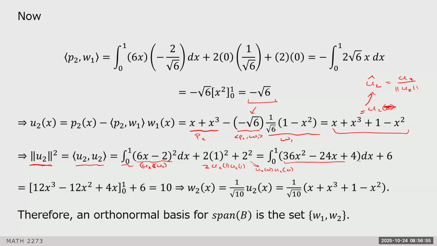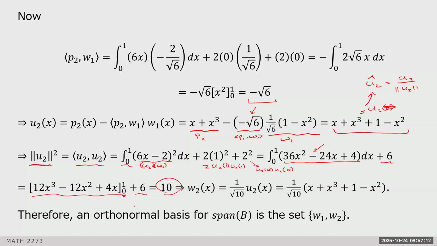So you get this plus 6. You all could integrate a quadratic polynomial. So integrated, evaluated at 0 and 1, plus 6, and this works out to be 10.